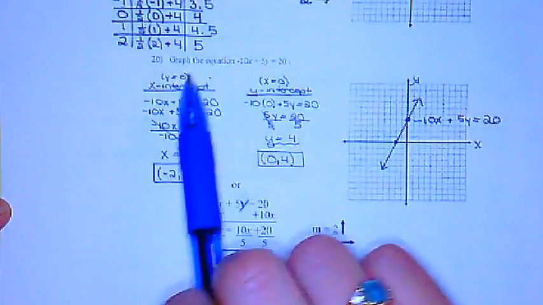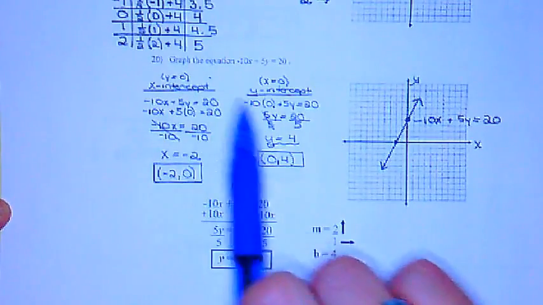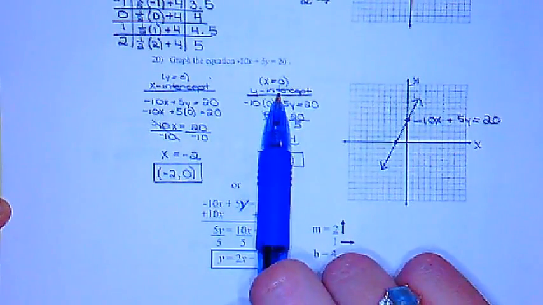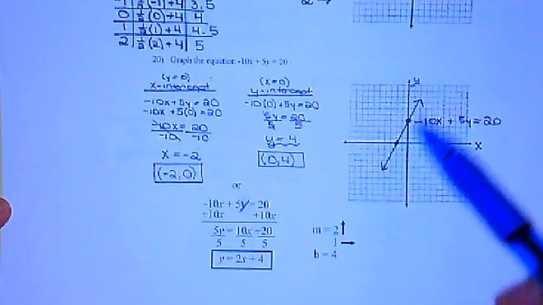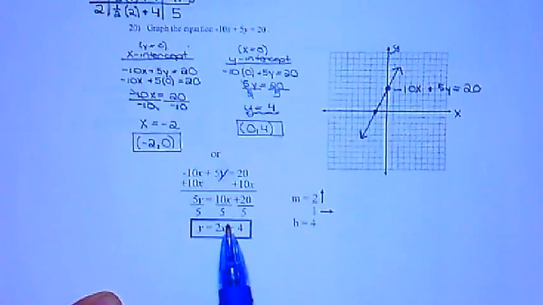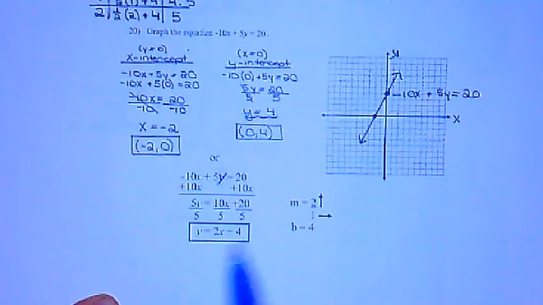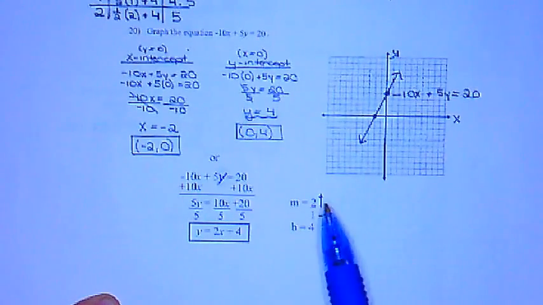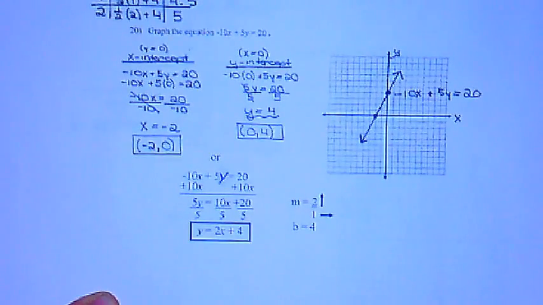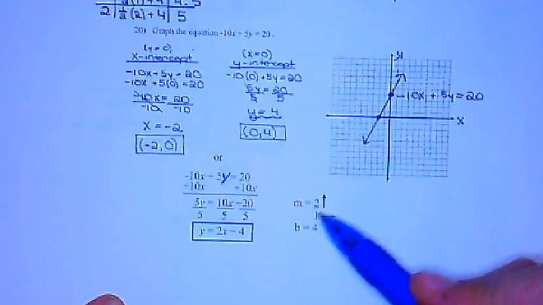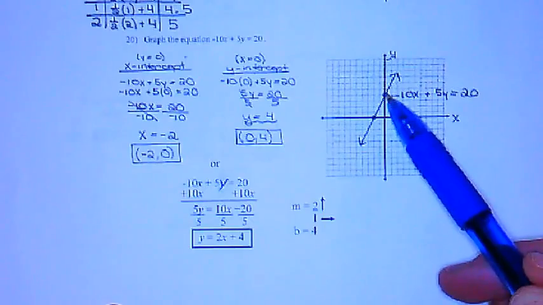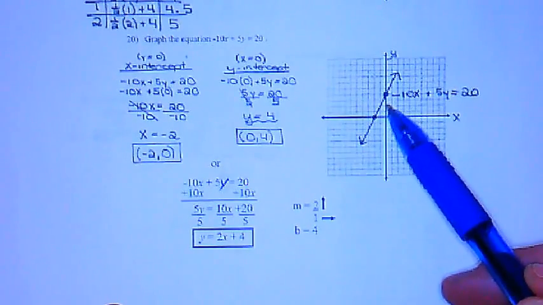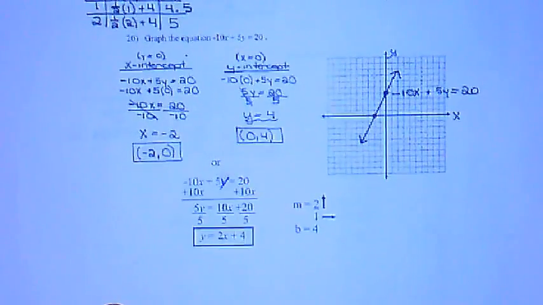So remember, your x-intercept is when y is equal to 0, and your y-intercept is when x is equal to 0. So you can get those 2 points and plot it, or you can solve for y, which I think most of you would do, and then either put it into your calculator and graph it that way, or you could go to 0, 4, and then go down over 2, down over 2.